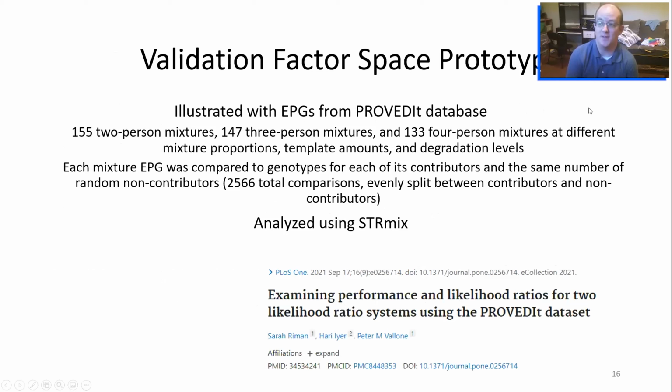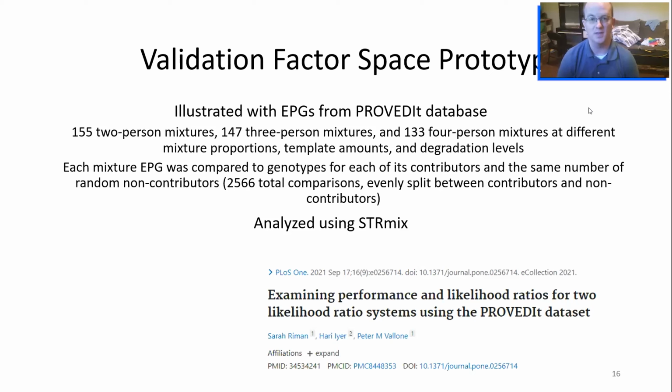Okay, so for the validation factor space prototype, like Hari had mentioned, we were working with the ProvedIt database. This is a collection of electropherograms from a variety of mixtures, including 2, 3, and 4 person mixtures, different mixture proportions, template amounts, and degradation levels.